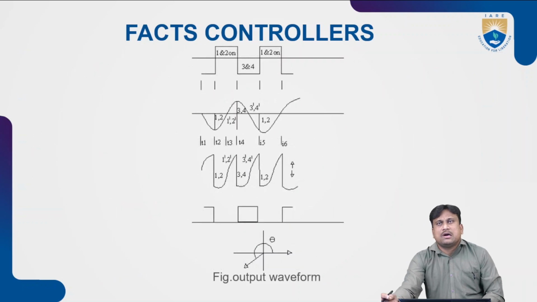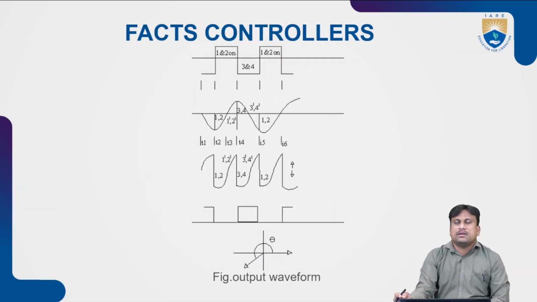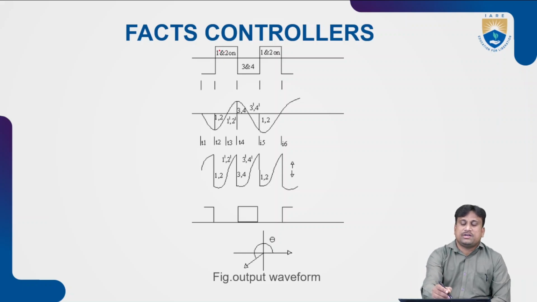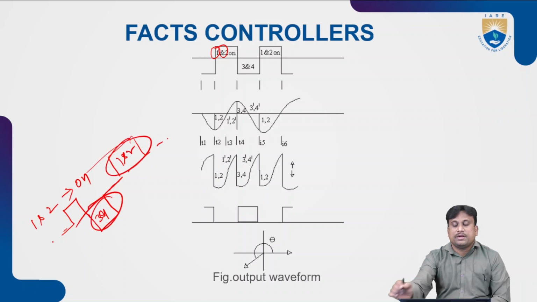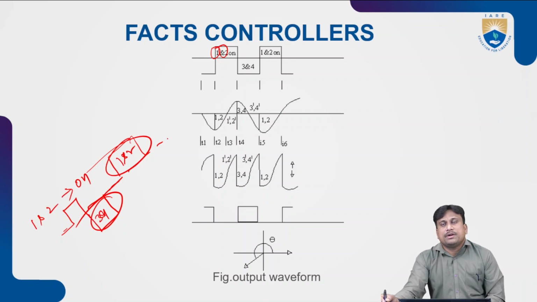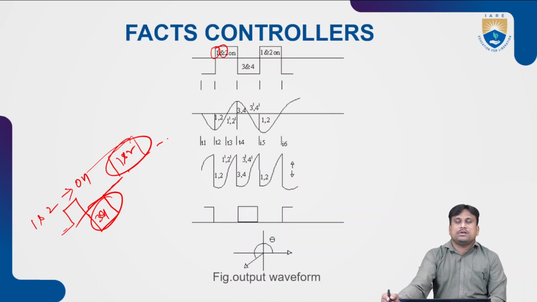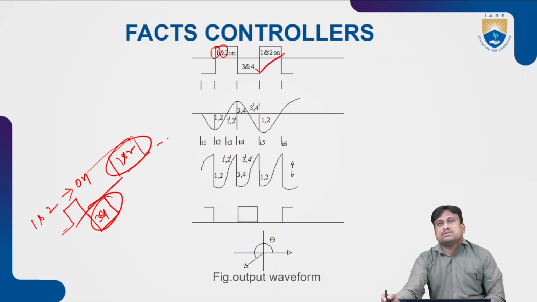When devices 1 and 2 are on, the peak of the wave is positive, and when 3 and 4 are on, the wave follows a negative peak. Then 1 and 2 on again follows the next sequence. That sequence follows in the positive half cycle, and the remaining 3 and 4 follow in the negative half cycle.